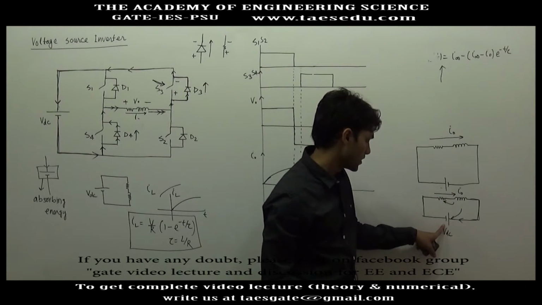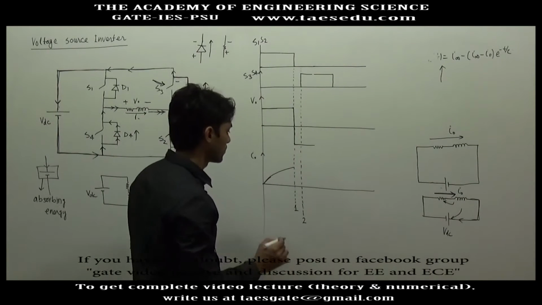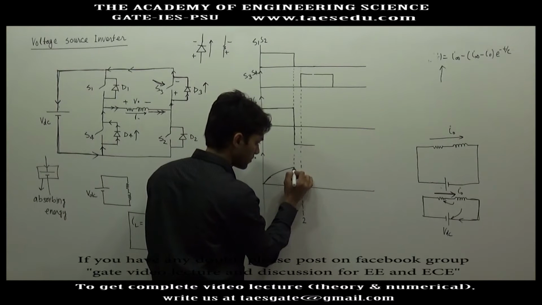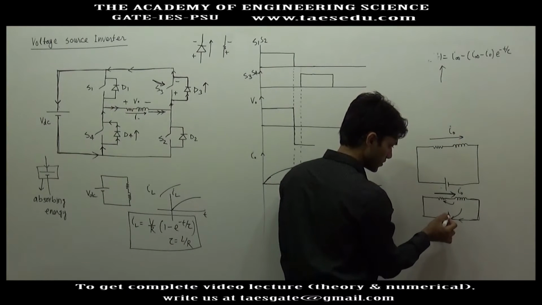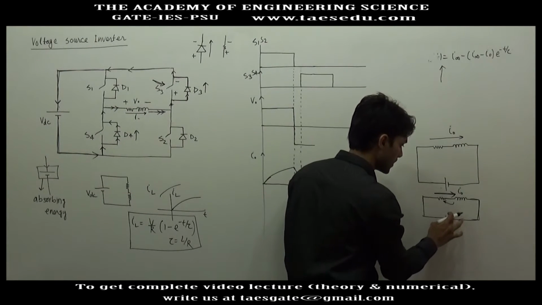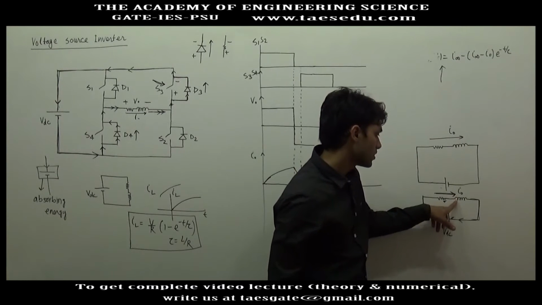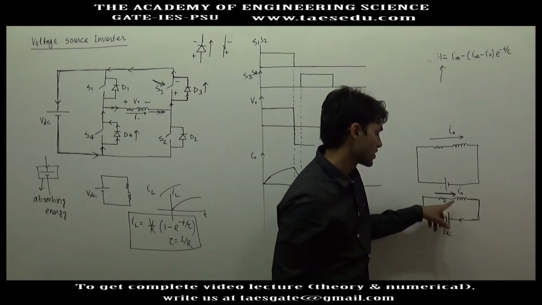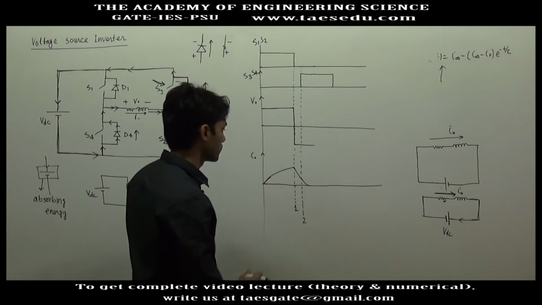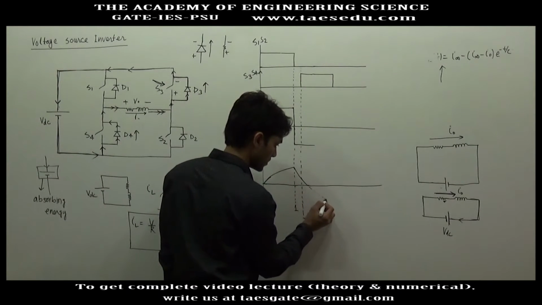Here I have reversed the polarity, so the output current will decay rapidly, because the tendency of this source is to flow the current in anti-clockwise direction, but initial current is in clockwise direction. So first the clockwise current is going to 0, and then current in anti-clockwise direction will rise.